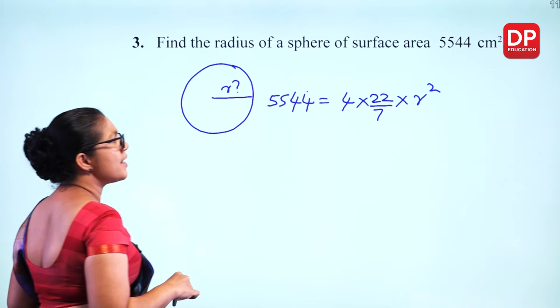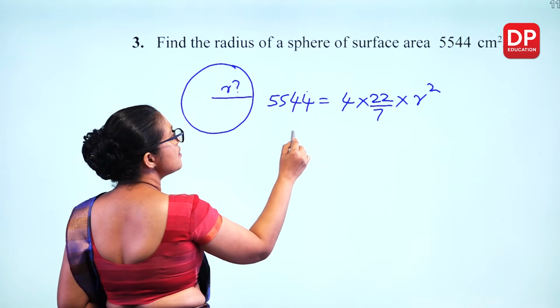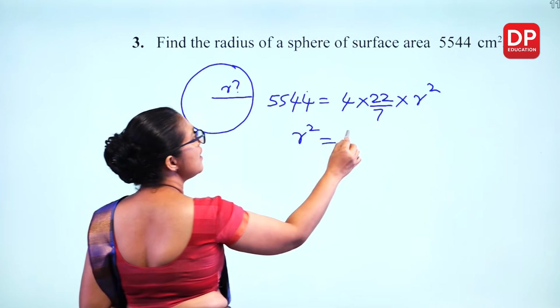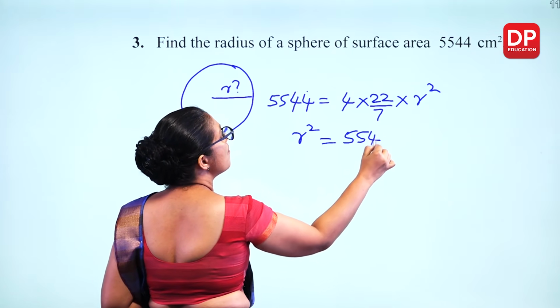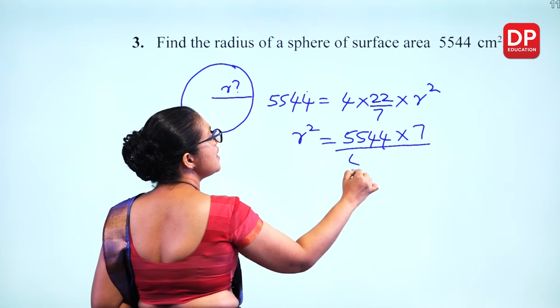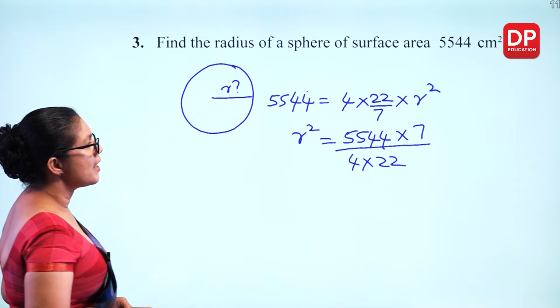So you need to find out r. So simplify. That means you have to make r squared the subject of the formula. You are multiplying this by 7 and dividing by the numerator. So what can you do?